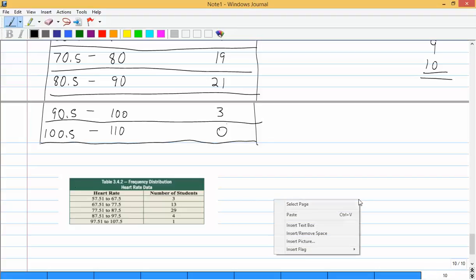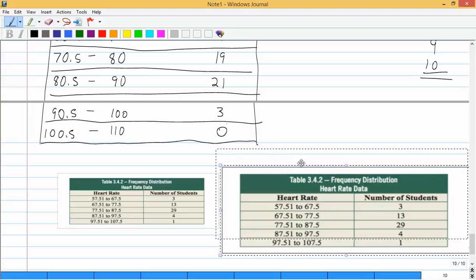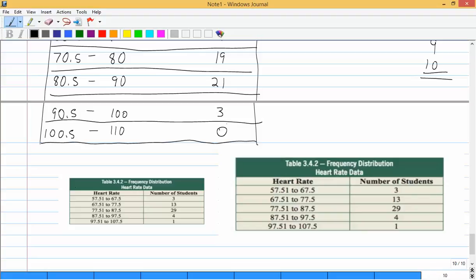Alright, let's see. Make it a little bit larger. Okay. So you can see that they started at 57.5 and went to 67.5.